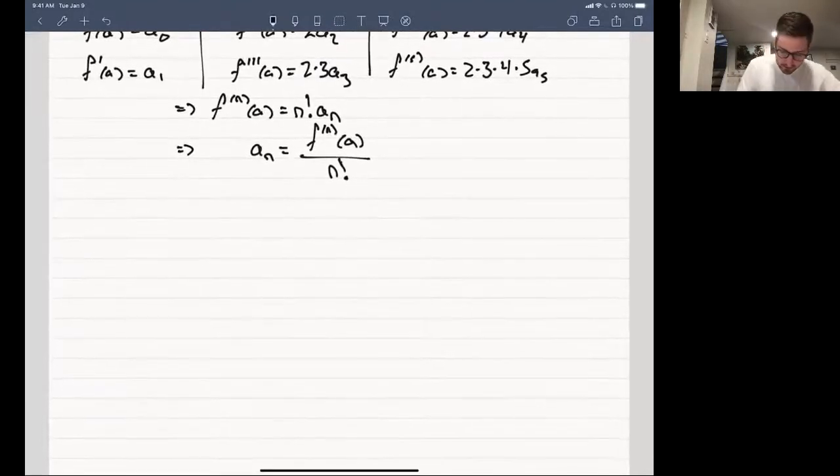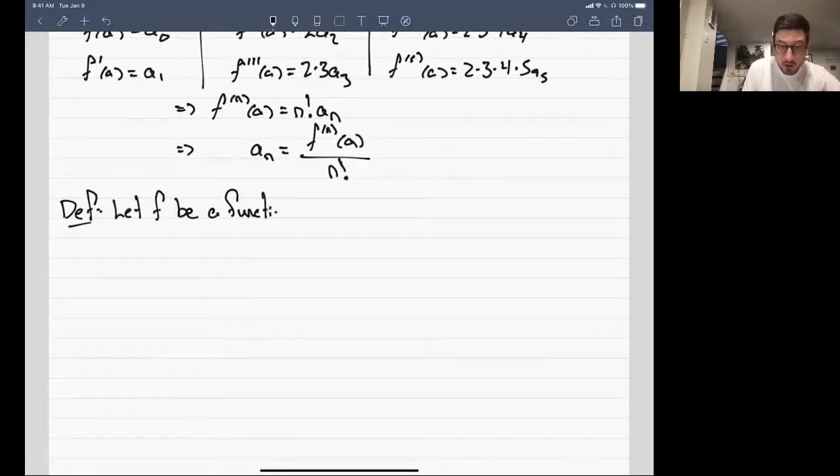So let me give you a little definition here. Let f be a function with derivatives of all orders throughout some interval containing A in its interior. So I need to be able to take a derivative of every single order, because you can see that I need infinitely many a_n terms, and that means I need infinitely many derivatives.